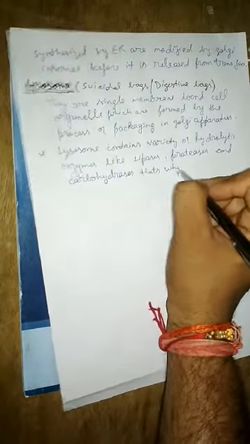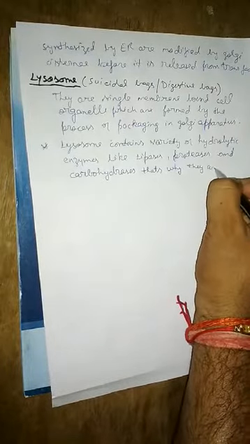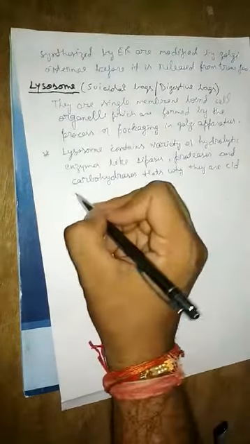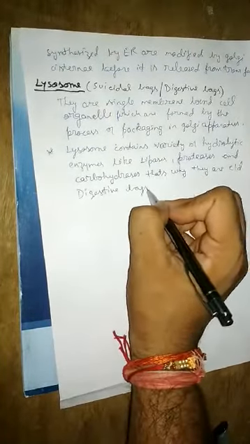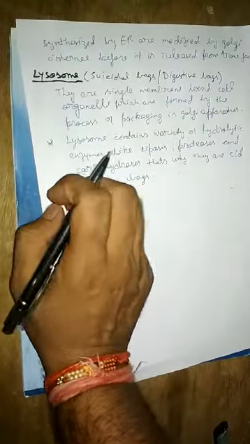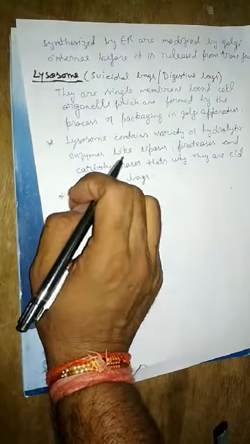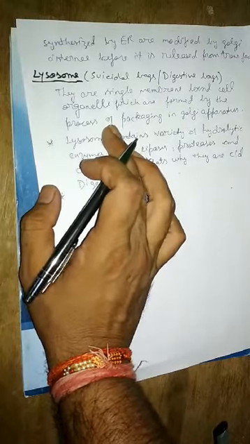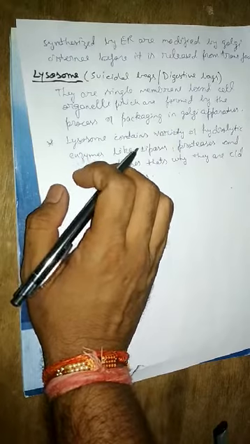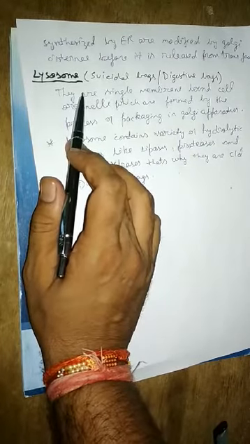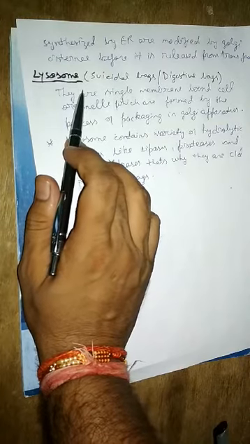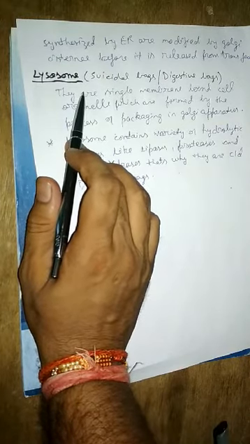That's why they are called digestive bags. That's why they're called as what? Digestive bags. And then again, I told you they are also called suicidal bags because in the worn out cells, or in the old cells, the lysosomal contents are able to dissolve all the components of the cell, or all the components of the cytoplasm. That's why they're called suicidal bags.